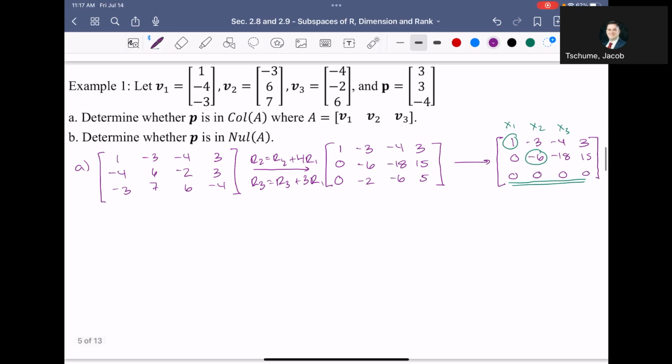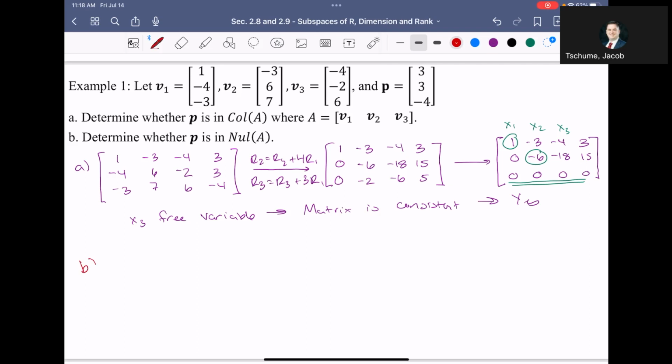What that tells us is that x3 is a free variable, which implies that the matrix is consistent, which implies that the answer to this question on part A is yes. P is in the column space of A because it is a linear combination of V1, V2, and V3.